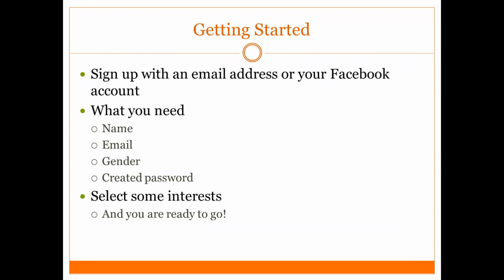So if you started with Facebook and you want to start a Pinterest account, you can click the button to use Facebook to sign up. And it will take your email address and all that from Facebook. So otherwise, you will need to give them your name, email address, gender, and make a password.